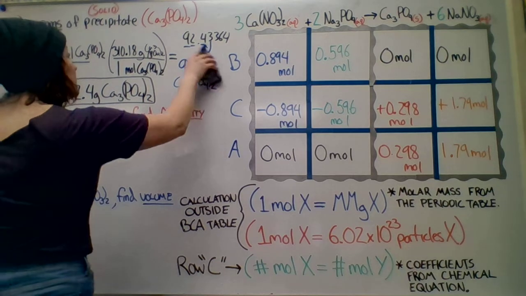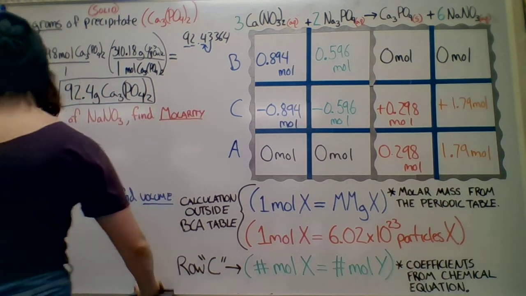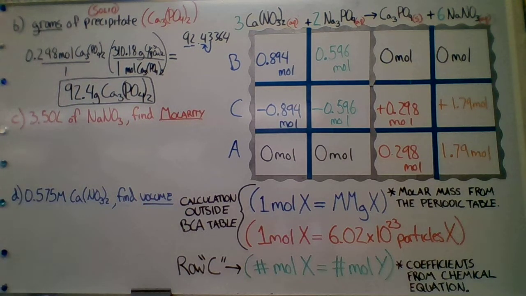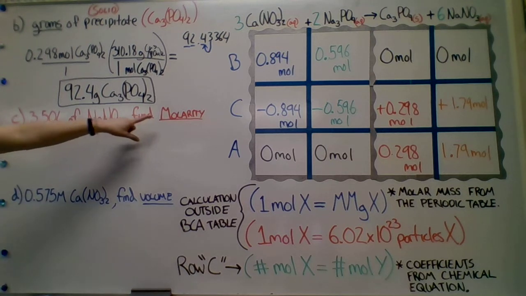Okay, so we can now go ahead and calculate letter C. Letter C says that if the final product contains 3.50 liters of aqueous NaNO3, what is the molarity of NaNO3 solution? Okay, so it tells us that our final product has 3.5 liters of this solution, and we need to find the molarity.